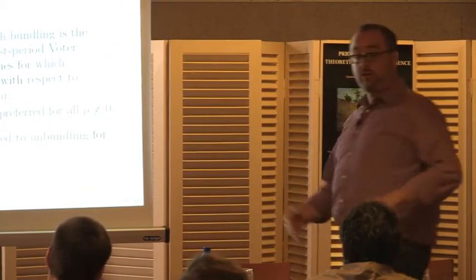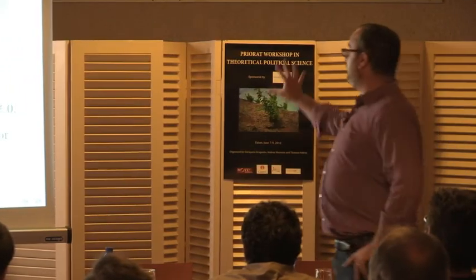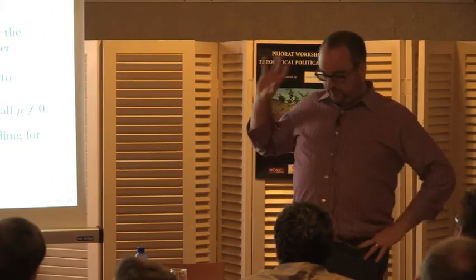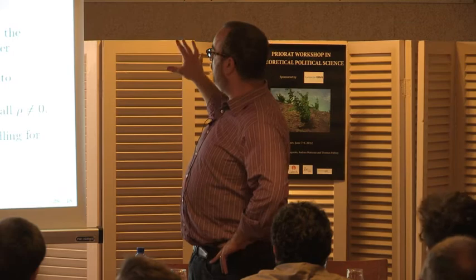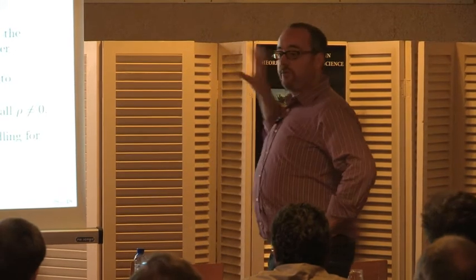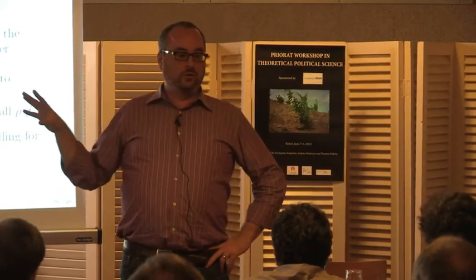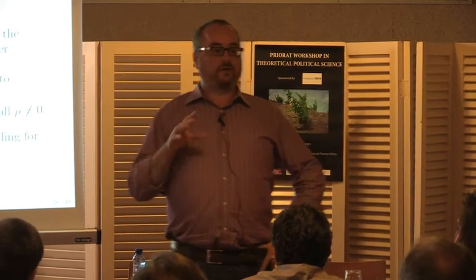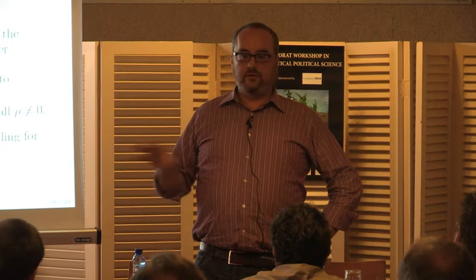Okay, so I'm going to start by talking about first period. So what this result says is that before we get to comparative statics, we start by proving a result which says that either institution can be optimal. That is, there exist parameter values such that either institution is optimal with respect to first period voter welfare. So there's not a dominant institution with respect to first period welfare.